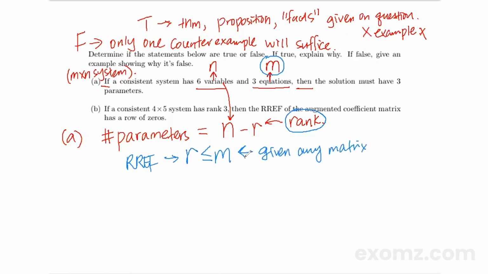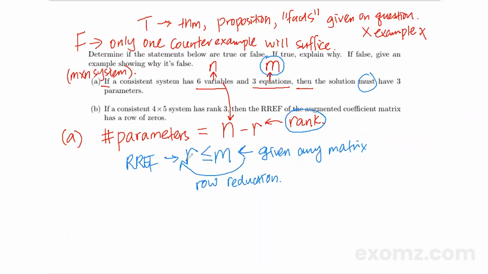So you'll have to go through a series of row reduction. So that's why r is always less than or equal to m. Now, the question is saying that if a consistent system has 3 equations, 6 variables, then it must have 3 parameters.